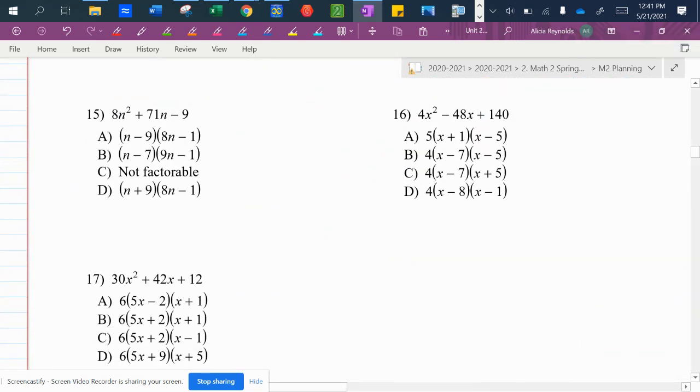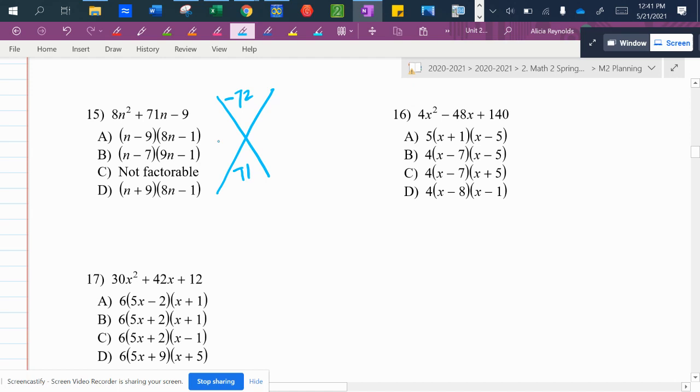I have to do the same thing here, finding numbers that are going to multiply to negative 72 and add to 71. Again, the numbers are 72 and negative 1. So I get 8n squared plus 72n minus 9. Understand that I could have put negative n first and positive 72n second. It does not change our final answer.